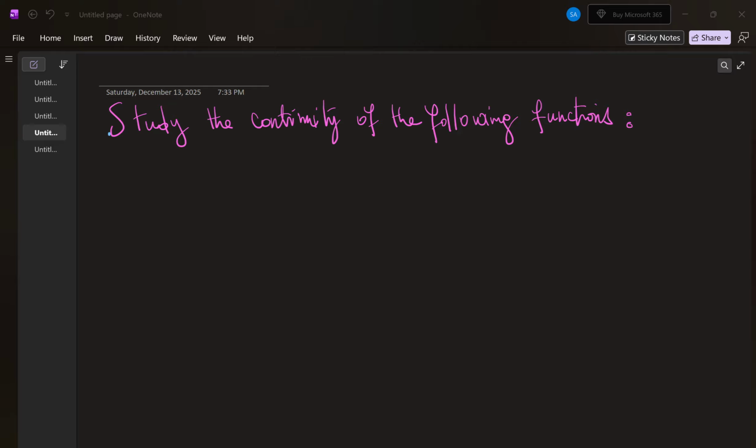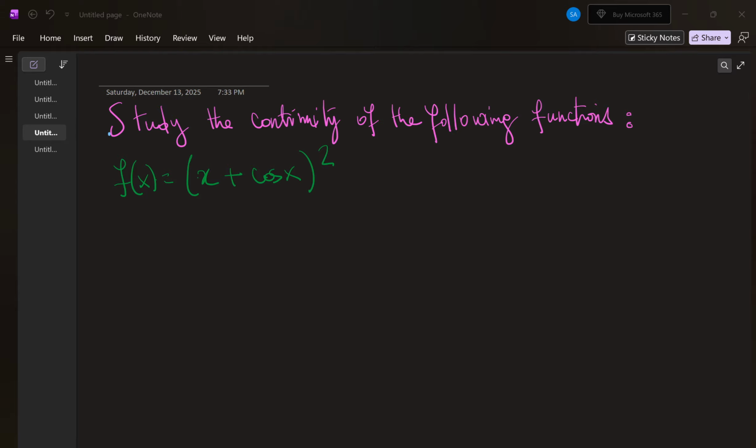So the first function is f of x is equal to x plus the floor function of cosine x, all squared. Sorry, I made a mistake here.